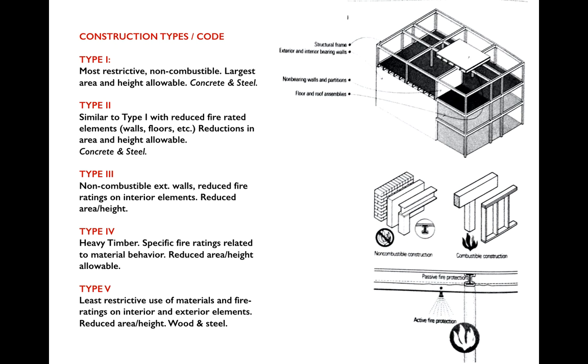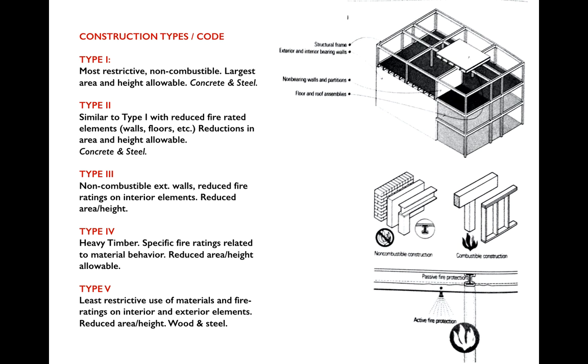And as we go down the list, you can see that we have what's called non-combustible, so a material that won't contribute to the building load, or the fuel load, but that might not perform so well in a fire, so something like glass or unprotected metal panels. And then type 4 and type 5.